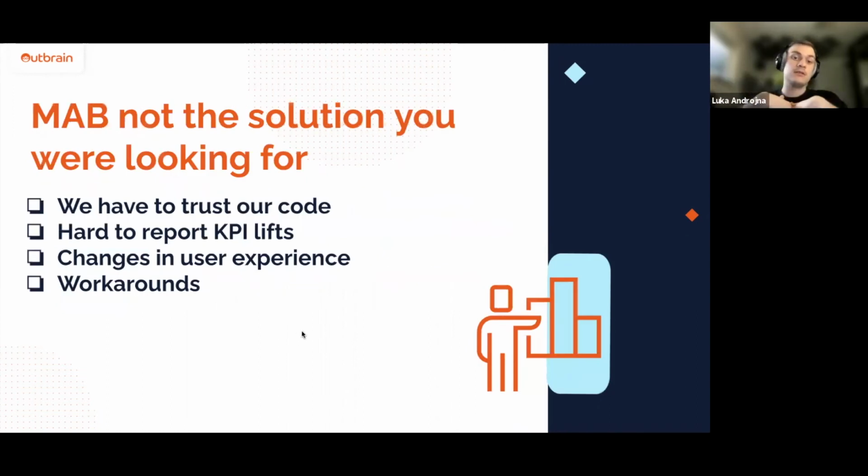But even though I said quite a few positive things about multi-arm bandits, they might not be the solution that you want, simply because, especially for Thompson sampling, you have to do a lot of trusting into the code. There are ways of testing it, like running an AA test.